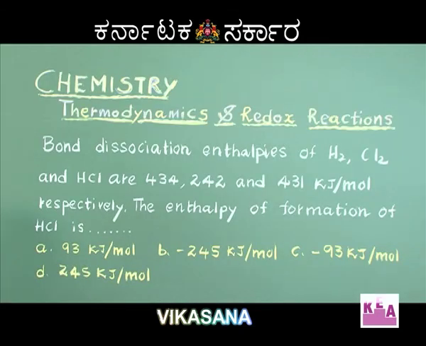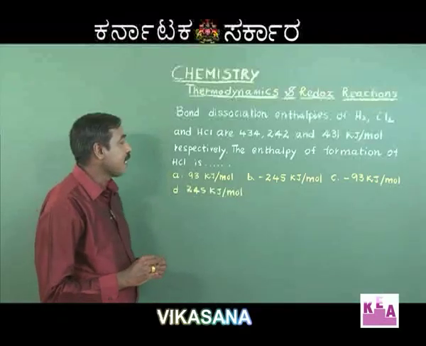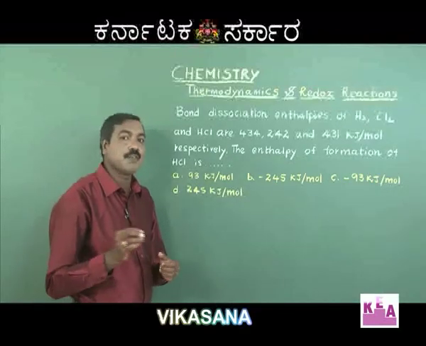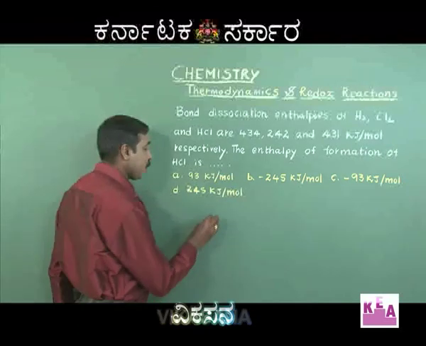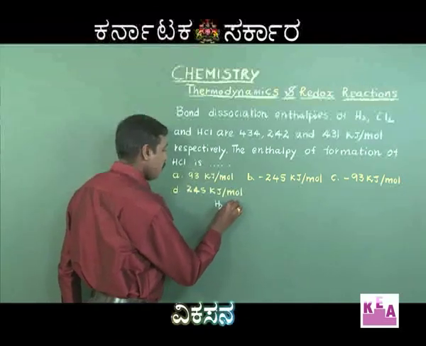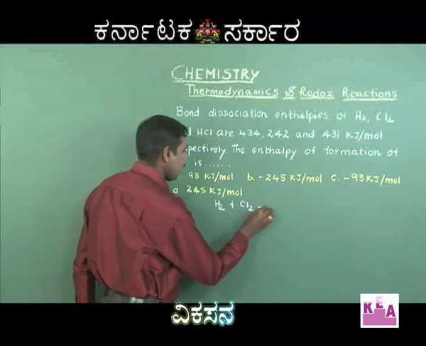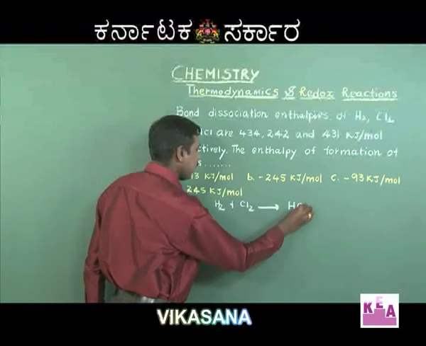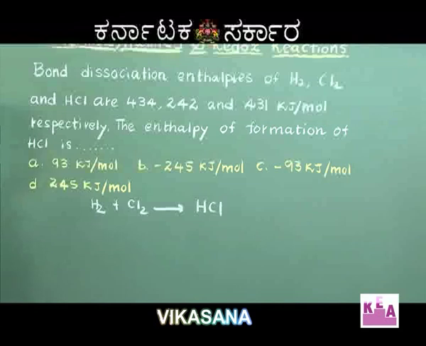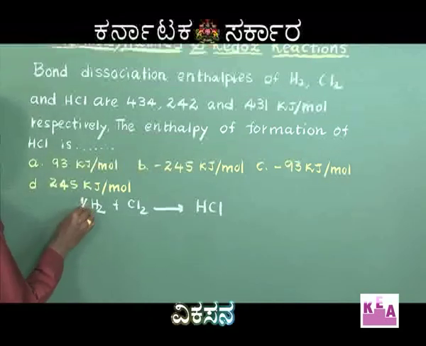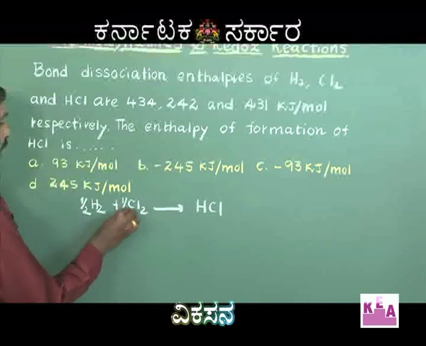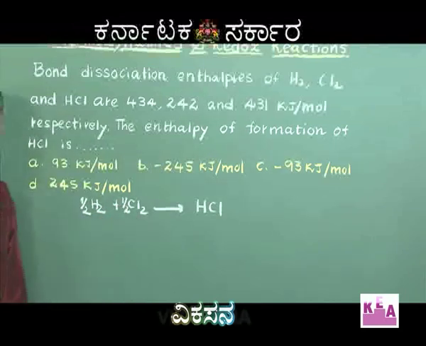But here, when it is with regard to bond dissociation enthalpies, the formula is slightly altered. So, first let me write the enthalpy of formation of HCl. I write the equation H2 plus Cl2 is giving me HCl, you are aware. I will balance this: half H2, half Cl2 is giving me HCl.